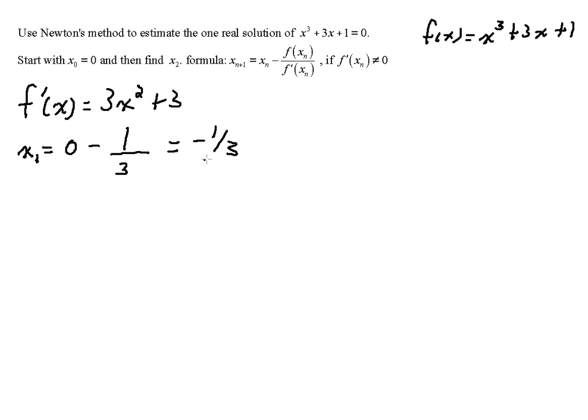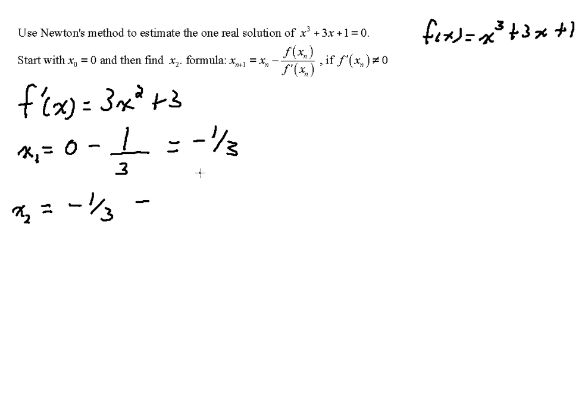So now we want to find x sub n plus 1, which is x sub 2, and that's going to finish out the problem once we get that answer. So x sub 2 equals negative 1 over 3, because that's now our new x sub n, it's x sub 1, minus f evaluated at negative 1/3.